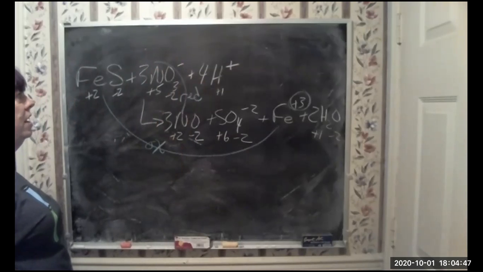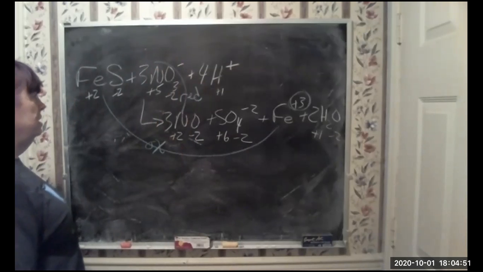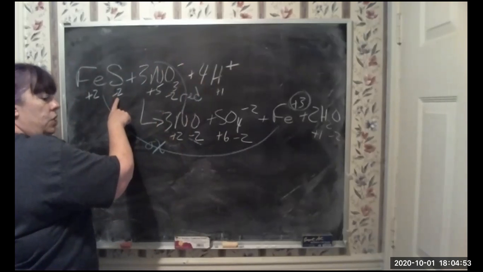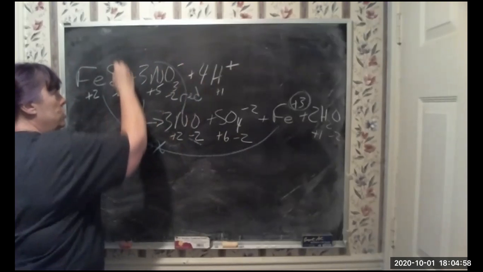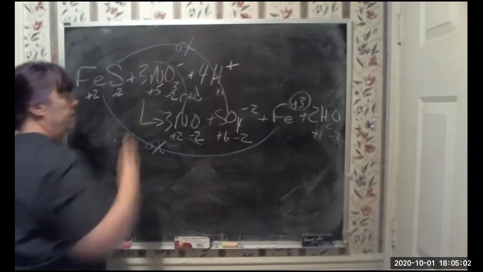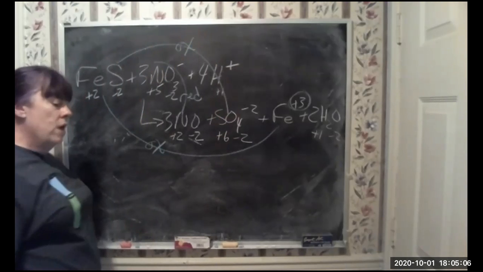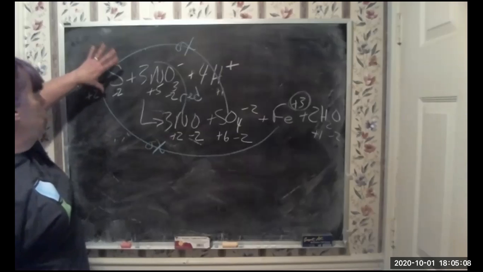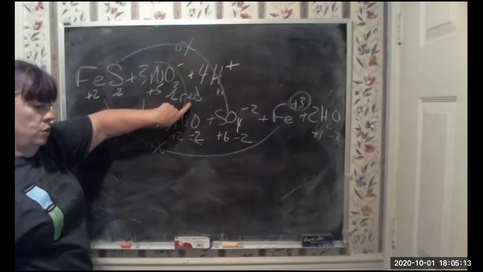That also then leaves me sulfur that I didn't touch yet. It went up a huge amount. It went up from -2 all the way to +6. One of the reasons I wanted to go through this one is it was an example that gives you 2 oxidized elements and 1 reduced element.